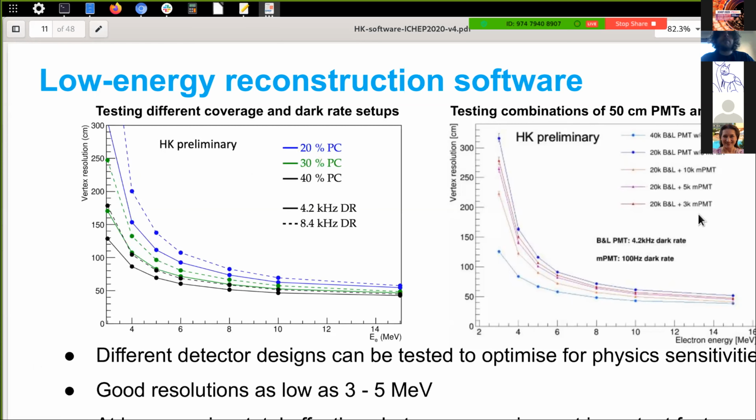So it's very easy to perform these studies with our unified simulation and reconstruction software. And we can see that basically we get pretty good resolutions as we would expect. But the most important factors here for low energy is increasing the total photo coverage of the detector and making sure that the dark rate is low enough to increase our signal to noise ratio.